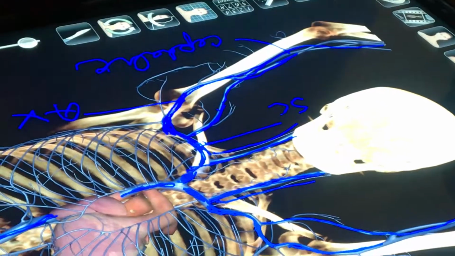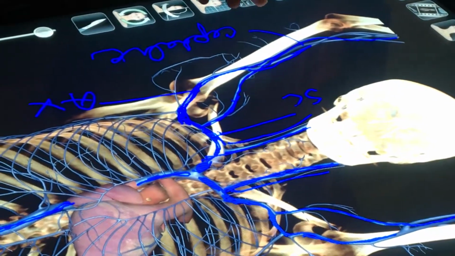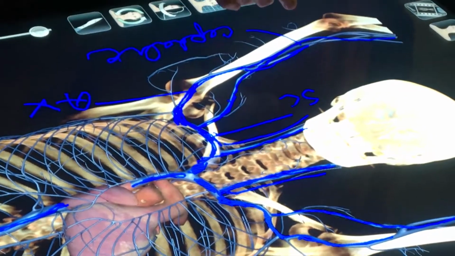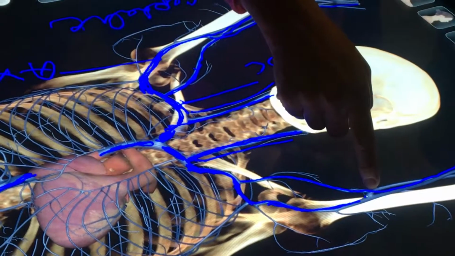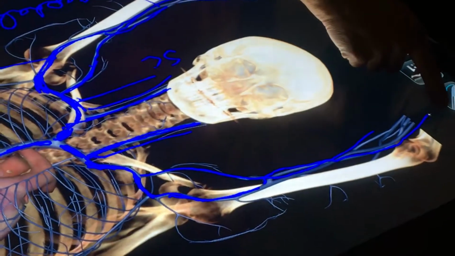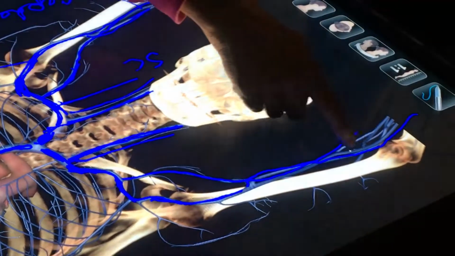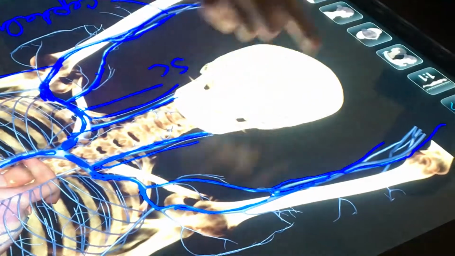Basilic's out here. So it's going to be the far one. So let's see. I've got a sloppy little mixture here. And I think that means that this one right there is basilic. And this one right here is brachial.